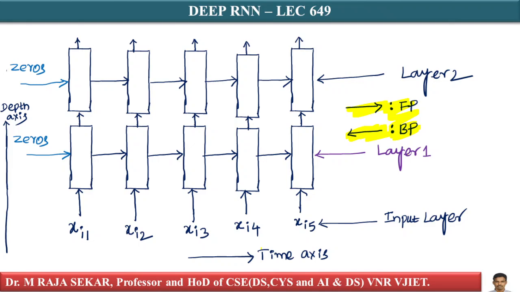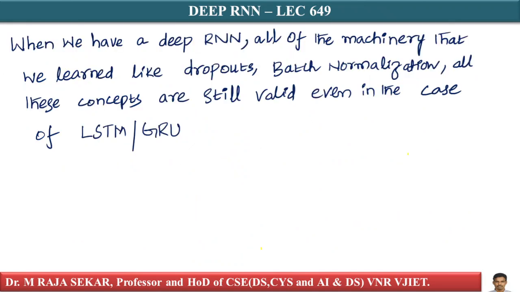When we have a deep RNN, all of the machinery that we learned, like dropout, like batch normalization, all these concepts are still valid even in the case of LSTMs and GRUs, just like the way they are valid in the case of CNNs. You have concepts like flatten, even you can have in deep RNNs.